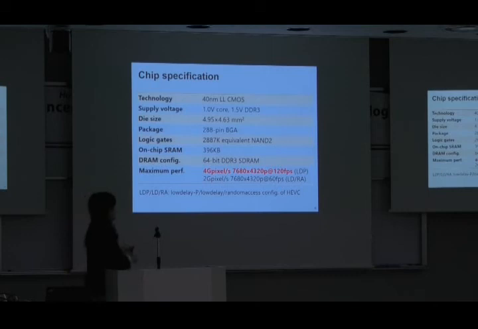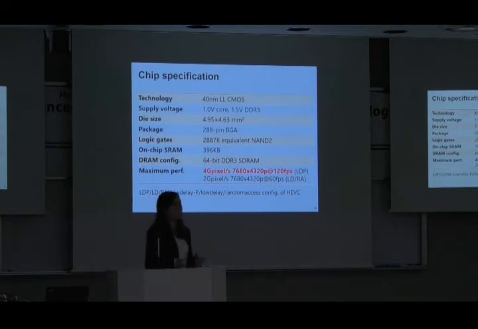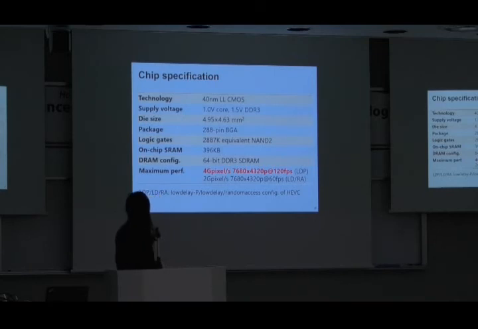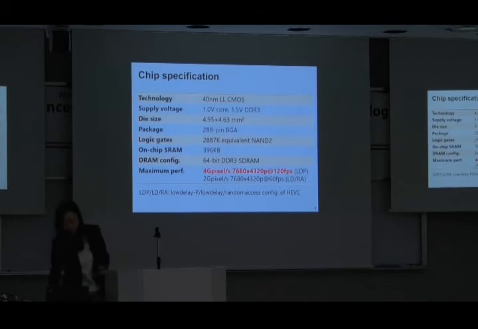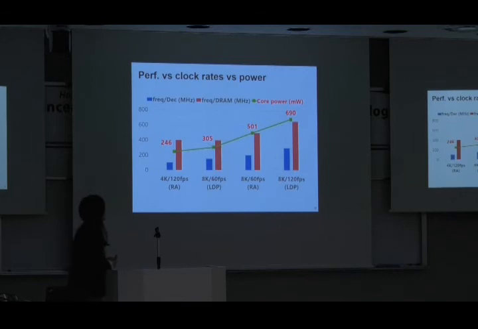Based on each component, we connect them together, and we fabricated a chip using 14 nanometer technology. The maximum performance is about 4 gigapixels per second at 120 frames per second.